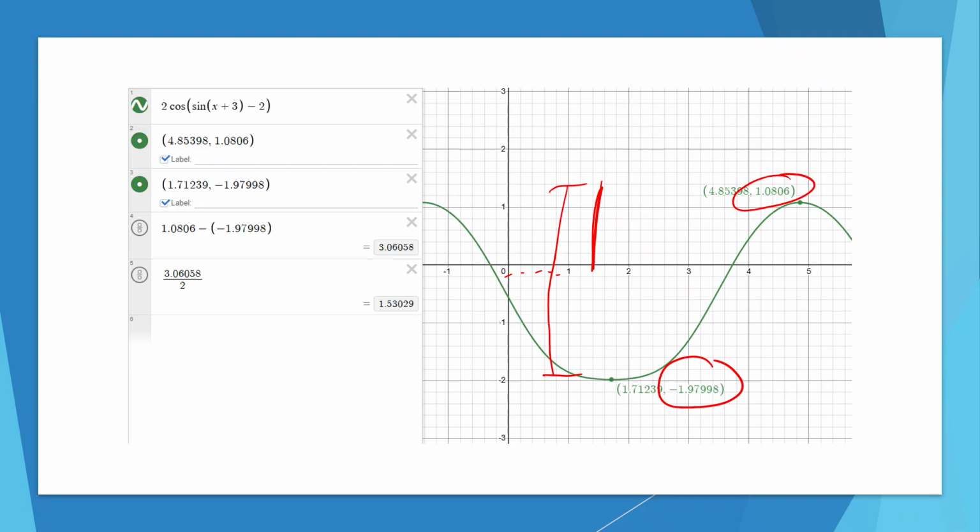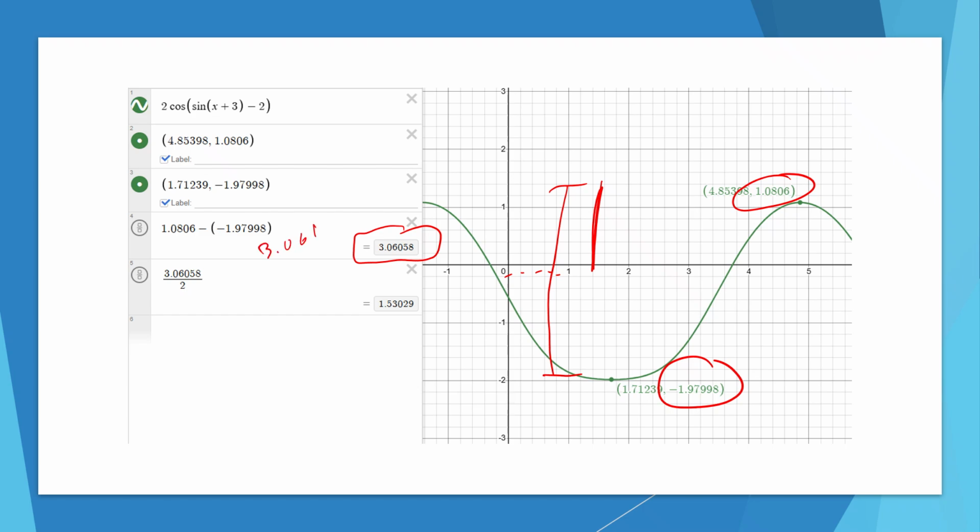We want to find the distance between the two. So we're going to do the max minus the min. And remember to keep that negative sign. Very important there. So we should get a number that's bigger than both of those, 3.06058 or 3.06 if you were rounding one.